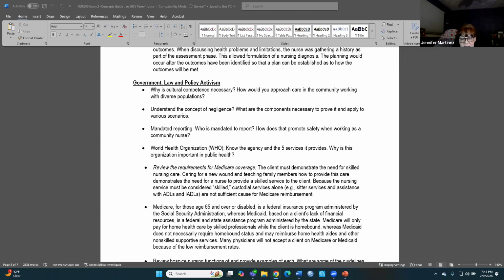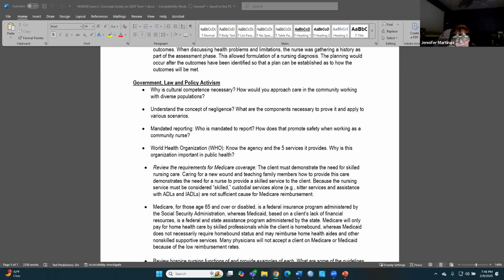The scope of practice that is produced by the boards of nursing is there to protect the public, so that we're only doing things that we have been trained to do. And even with the compact license, the compact states, where you can practice from across state lines into another state, you still have to make sure that you know what that Nurse Practice Act is within the state that you are working in.